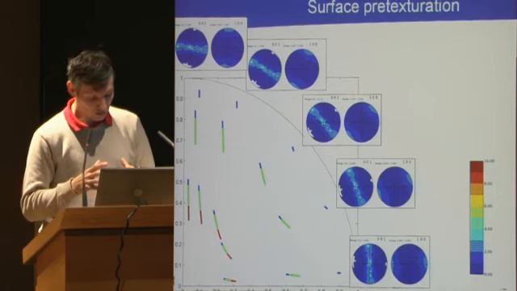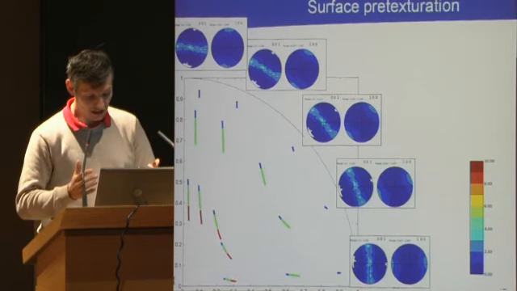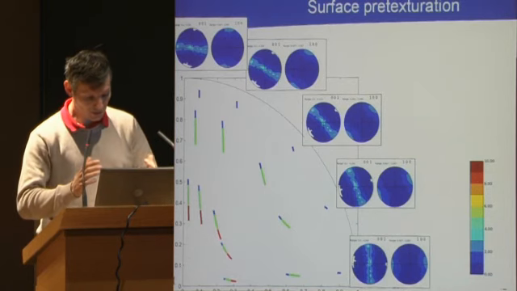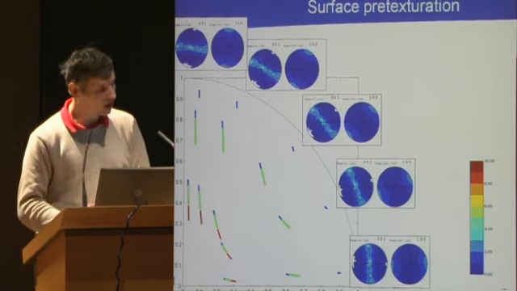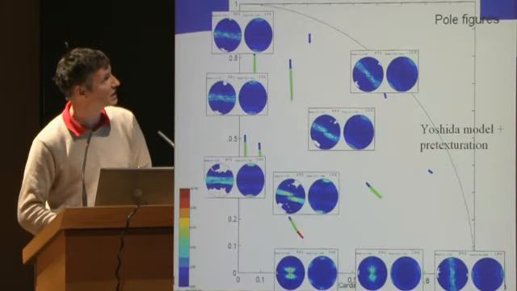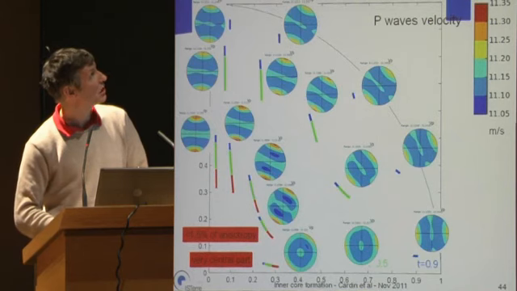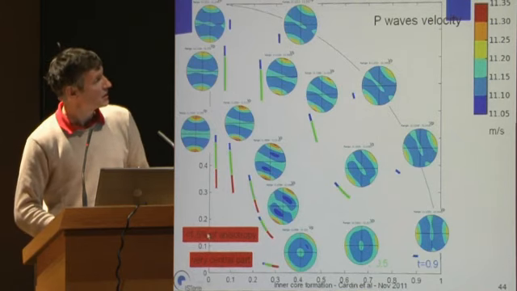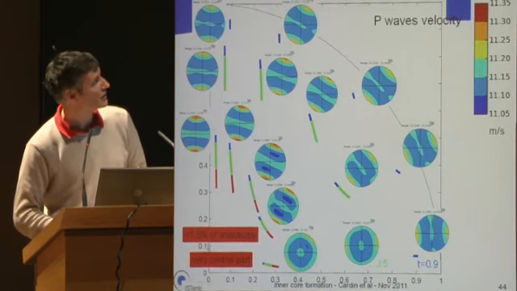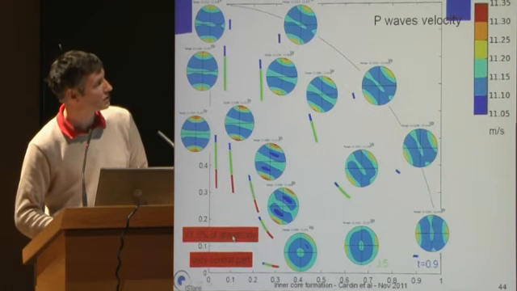So this crystallization anisotropy put at the top of the inner core will be deformed and produce at the end a P wave velocity anomaly like this. It's better, but it's 1.5% anisotropy.